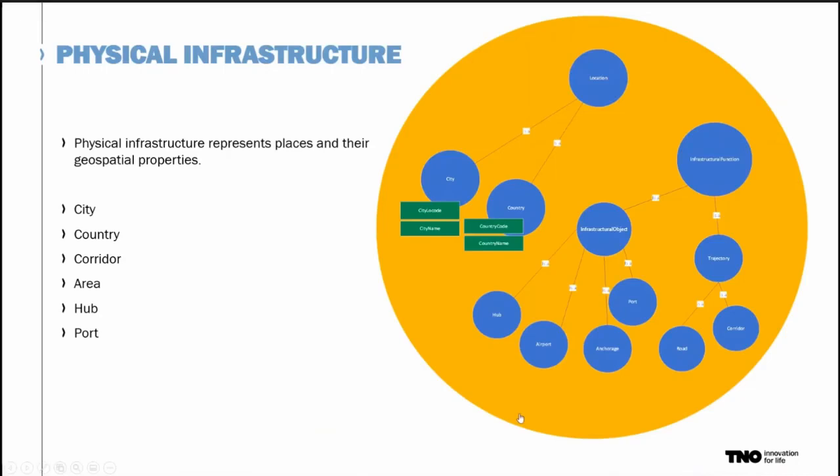And in our model, we do not really specify it further than these kinds of subtypes, because this is the point at which our model can be extended by models from, for example, the airways, which can extend the airport into various types of airports, or from the inland waterways, which can extend ports to all various kinds of ports on which the inland waterways has the expertise, and we provide this level of detail.